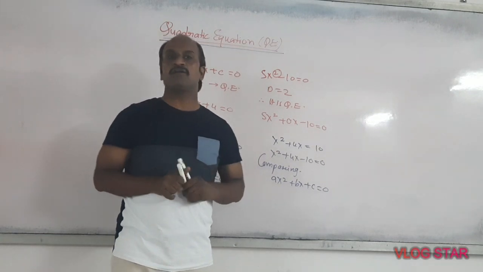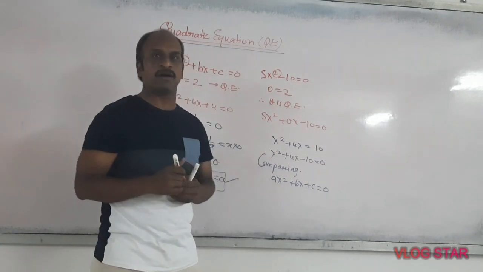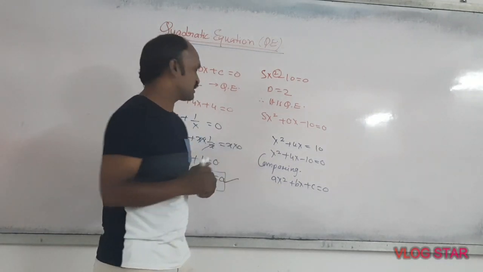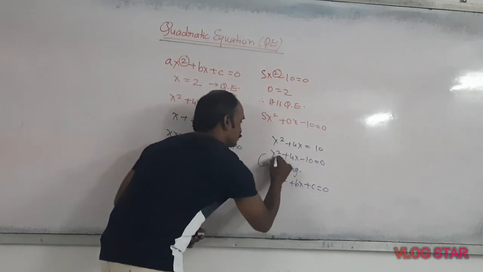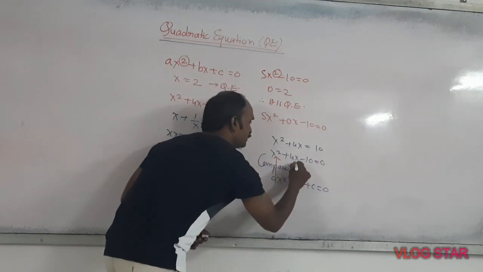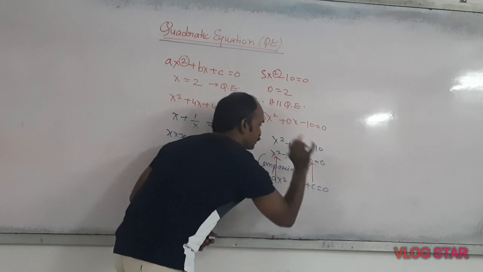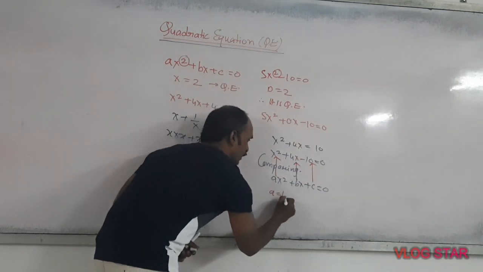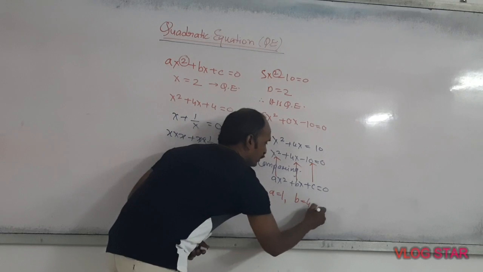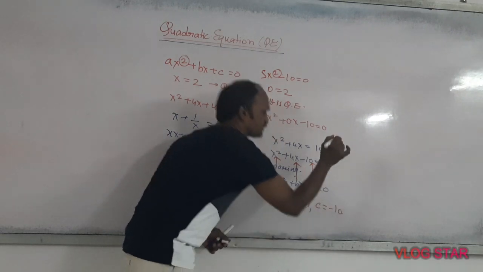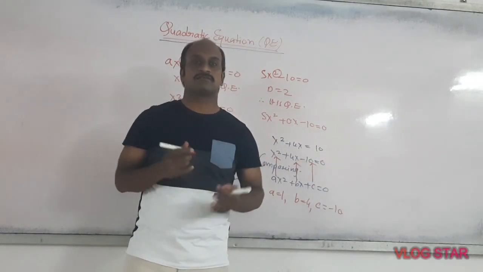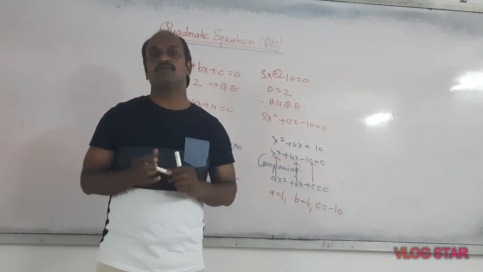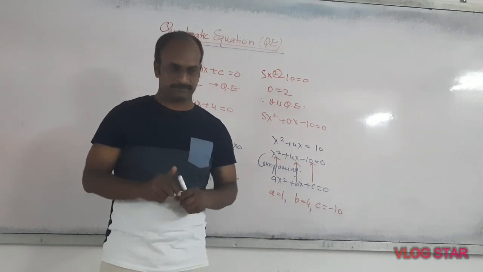Then how to find the values of a, b and c? It's very simple. It's an apple to apple comparison. Compare x square with ax square, bx with bx and c with the constant. You will get a is equal to 1, b is equal to 4 and c is equal to minus 10. This is the way we can find the values of a, b and c.